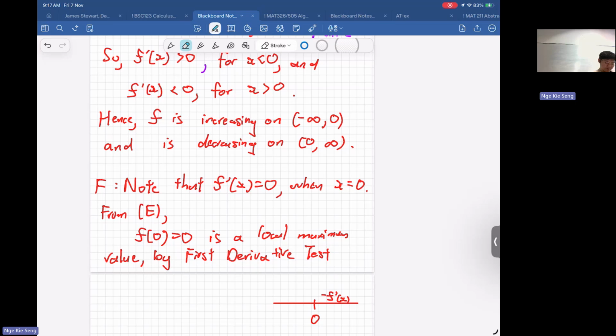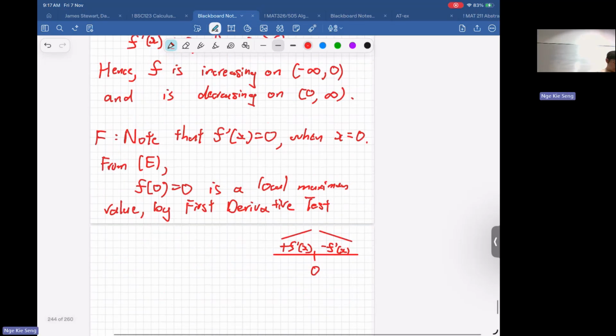On the left-hand side of 0 is a positive derivative, which is increasing. So you increase and then decrease, meaning this point is a local maximum. If it decreases and then increases, it will be a local minimum. Make sense? So we got our origin as our local maximum.